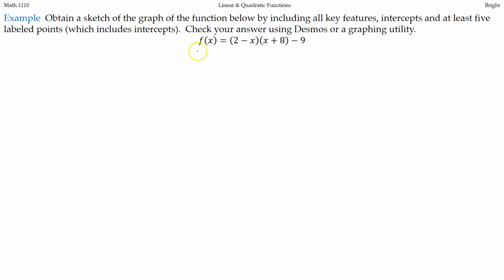So first thing I want to do is get this as something that I can actually use, because this is not in standard form, this is not in factored form, this is not in vertex form, so it's not useful. Okay, so what I'm going to do is use my math skills and expand this all out. I get 2x when I distribute plus 16 minus x squared minus 8x minus 9.